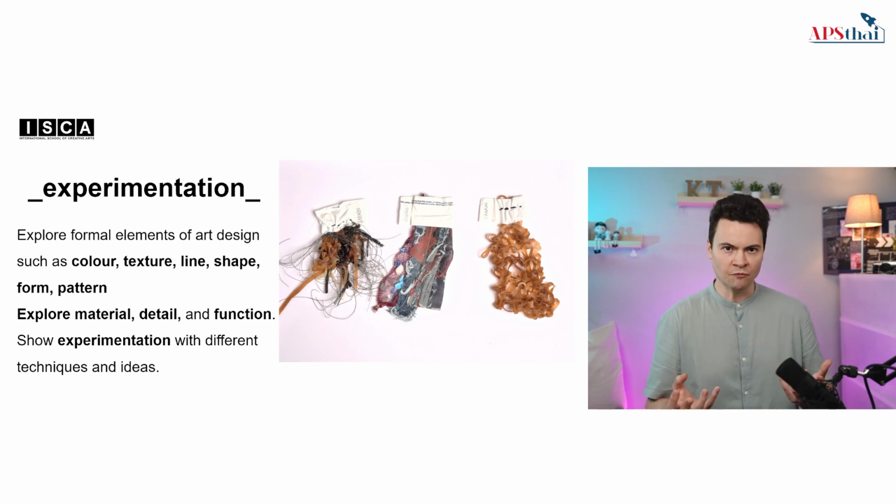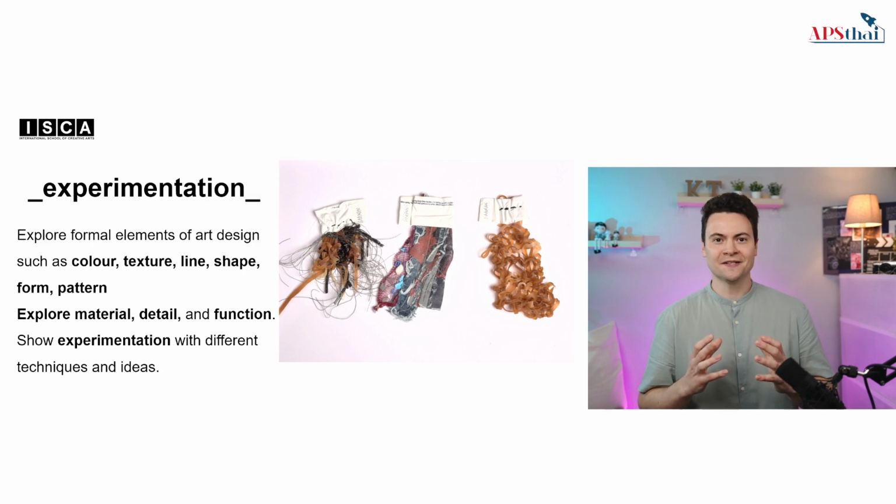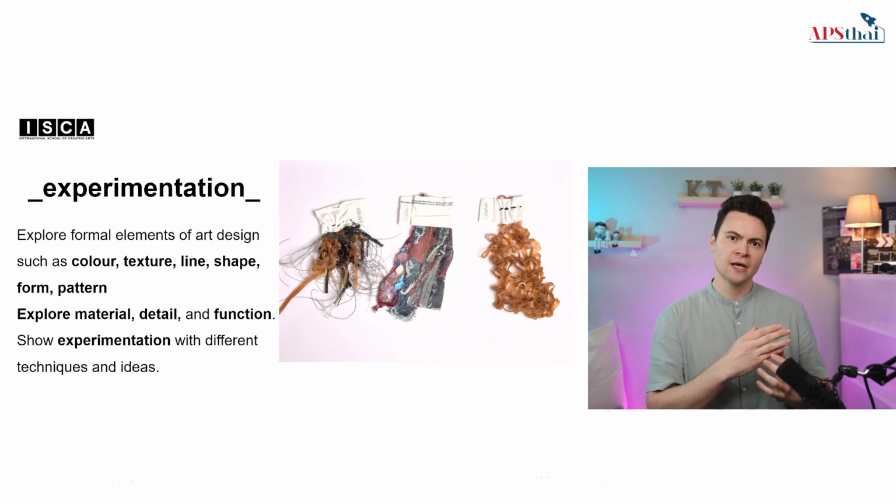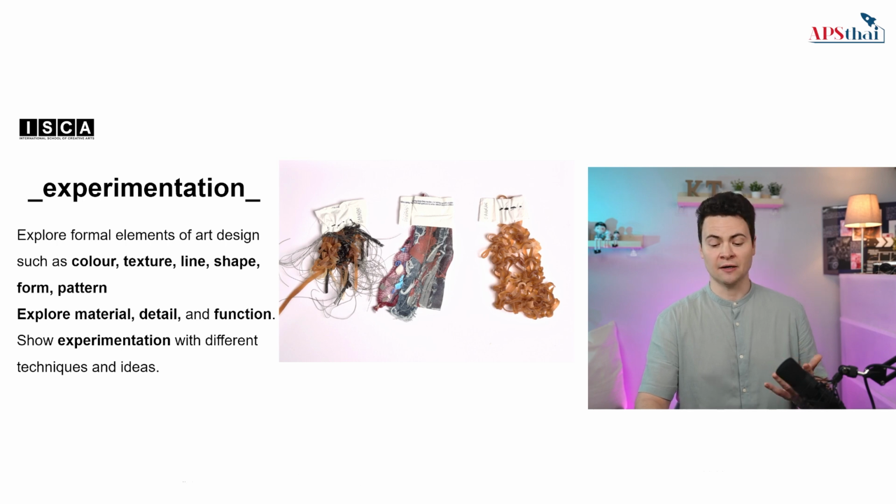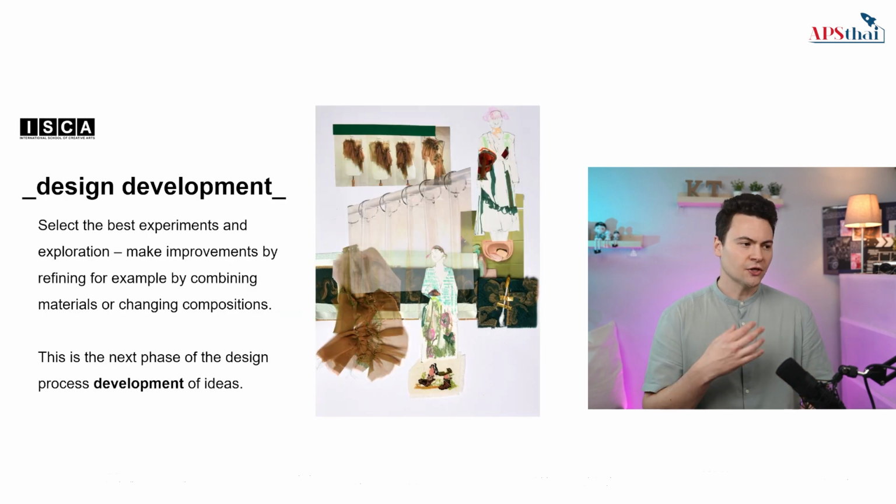So if you're using a camera, for example, exploring the functions and the different settings within that camera in order to really find out what the best work is. The key thing to do here is variation, variation, variation, showing that even if it's the same outcome, you've tried it in different ways. Again, this shows an ability to test your work before you decide what your best outcome is.